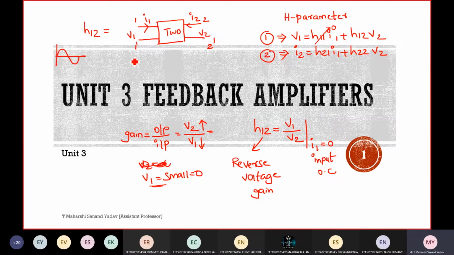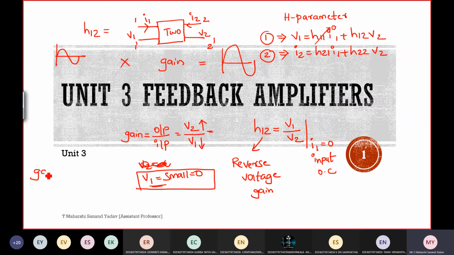So obviously input will be small and output will be amplified. This is nothing but gain. The product of input multiplied with gain will give output. Suppose input V1 is 0, you substitute in this gain. Gain is nothing but output by input. Infinite. So this is nothing but 1 by 0, which is infinite. In the same manner, you substitute here now.